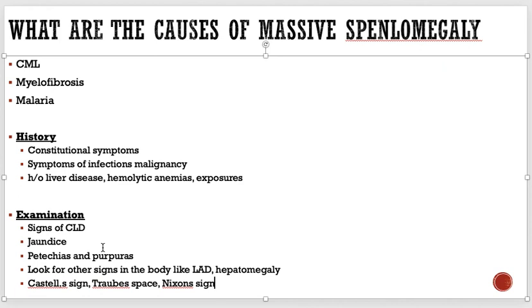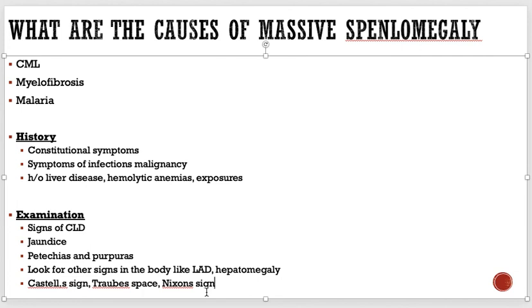If there is dullness to percussion, we say there is splenomegaly, but Nixon's sign is not important, so I don't think you have to go into more detail of that.